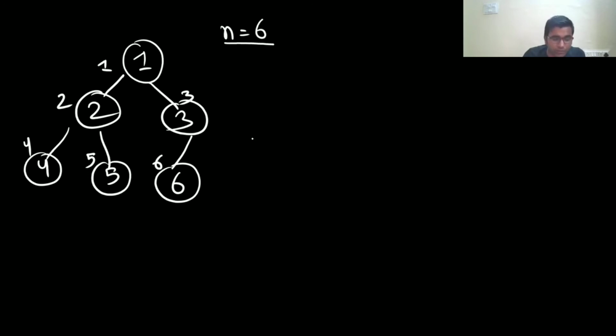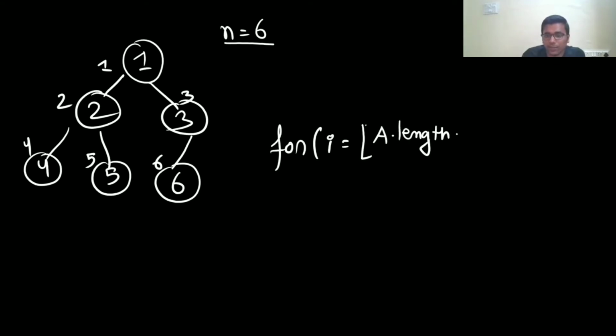So now I'm going to call max-heapify for i equal to a.length by 2, and i should be greater than or equal to 1, and i minus minus.